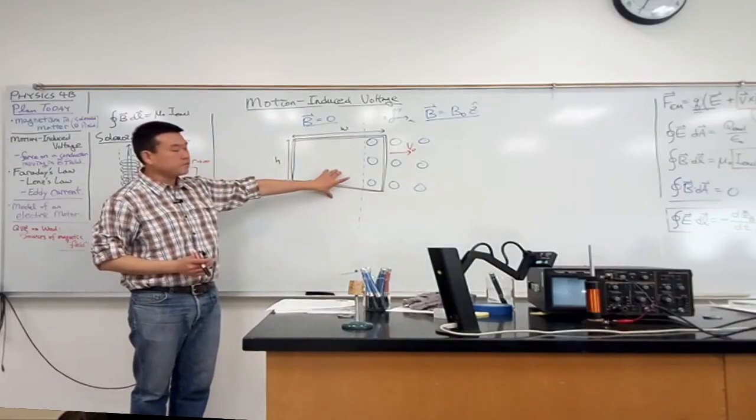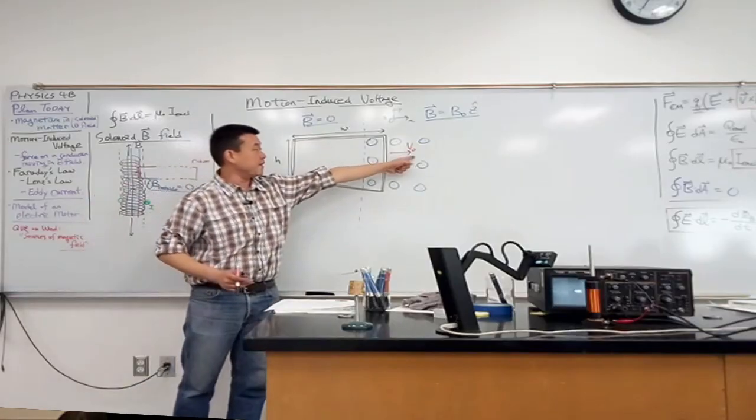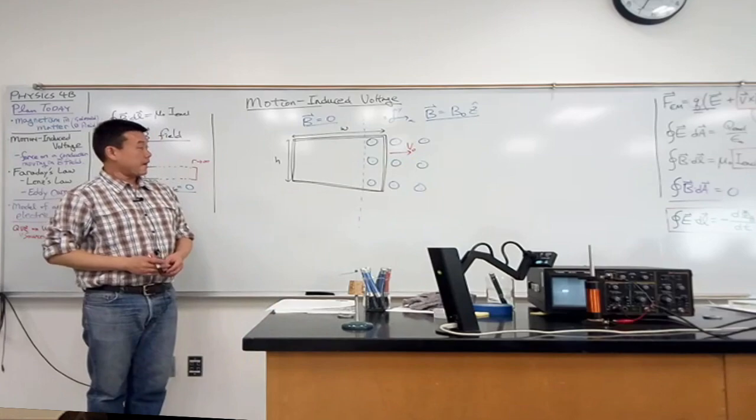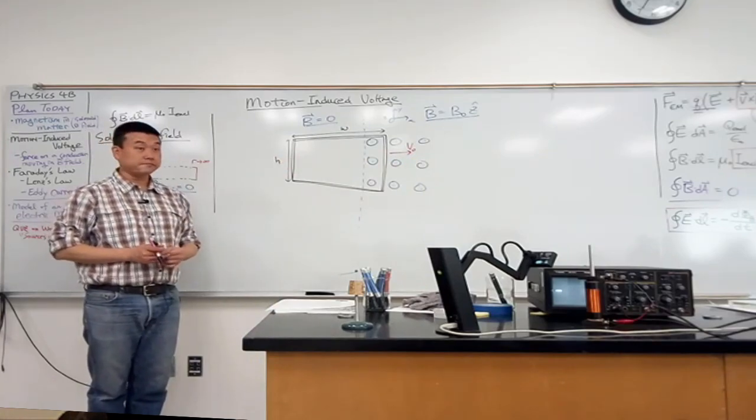For the purpose of this initial discussion, somebody is making sure that this loop is moving at this speed. All right, so what do you think should happen with this conducting loop?